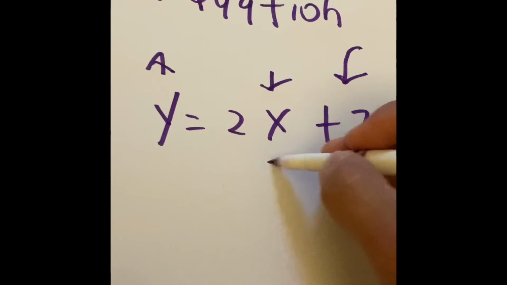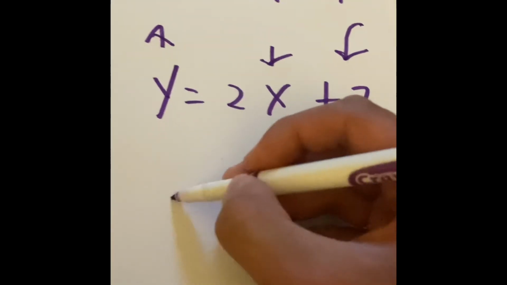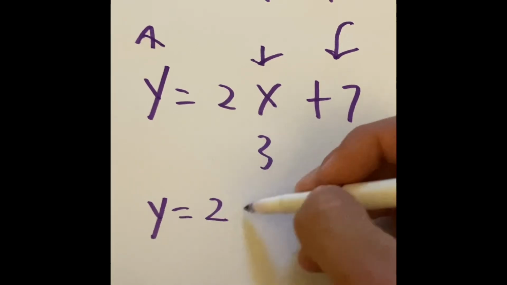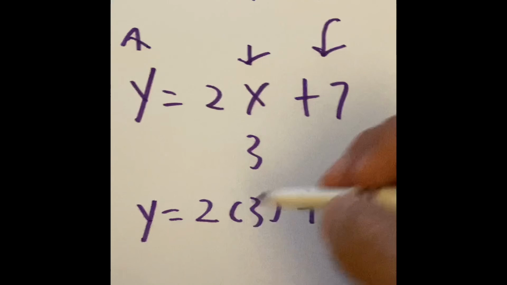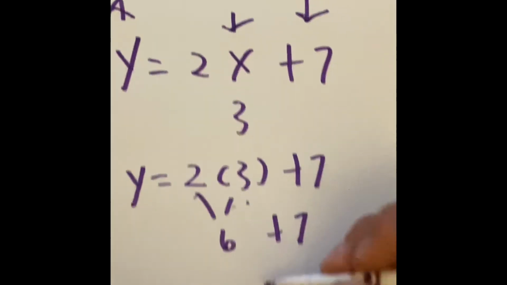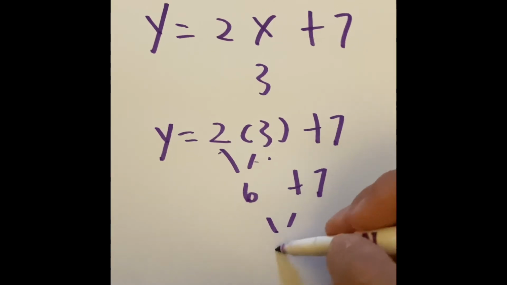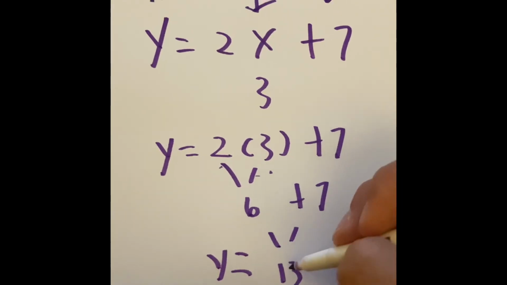If we insert 3 into x, what do we get as our answer? So y is going to equal 2 multiplied by 3 plus 7. So 2 times 3 is going to be 6, plus 7 is going to become an unlucky number 13. That's what we will come out for y.